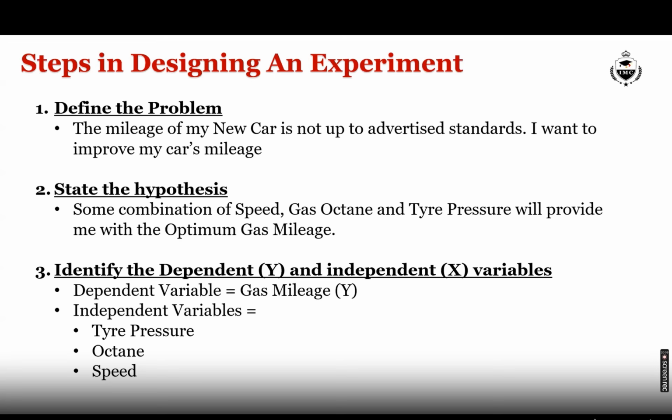These three factors affect my gas mileage. Very good. Step number 3, we identified the dependent and the independent variables. The dependent variable, which is the output variable, is the gas mileage, which we want to improve. And the independent variables are the tire pressure, octane, and speed.